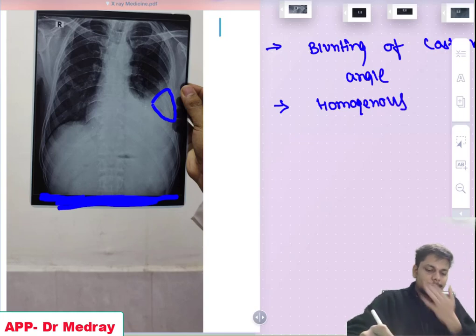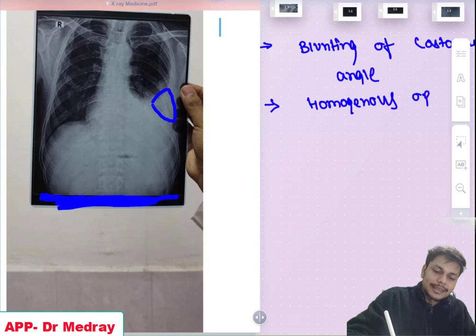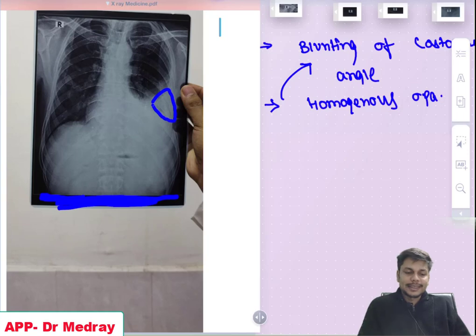Homogeneous means uniform, there is no air bronchogram. The homogeneous opacity which is blunting the costophrenic angle is suggestive of pleural effusion.